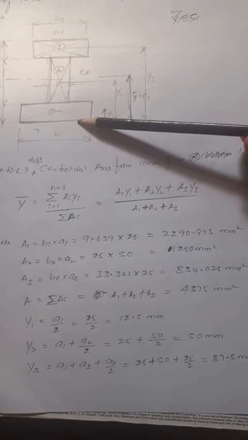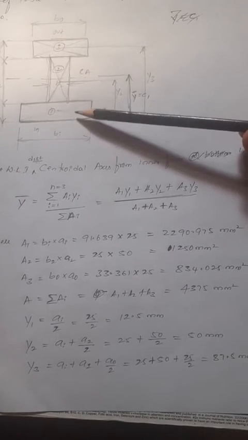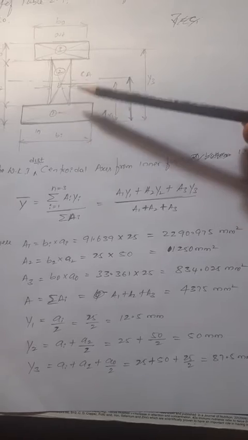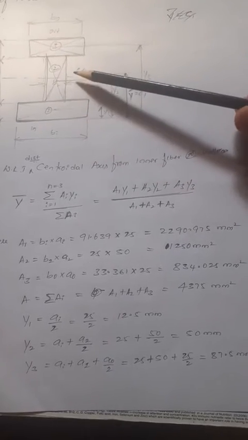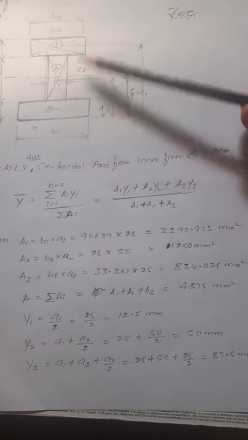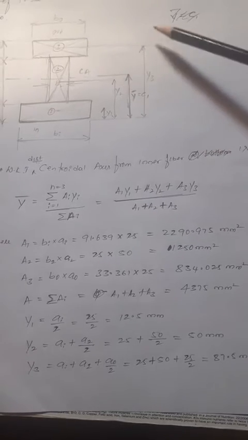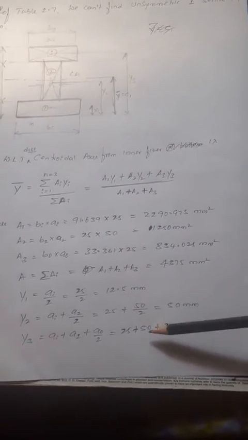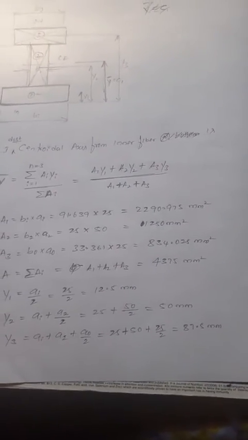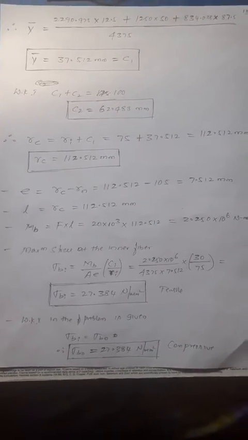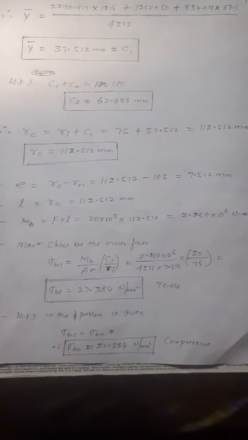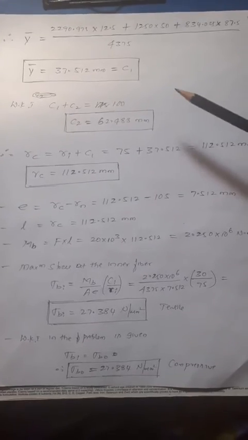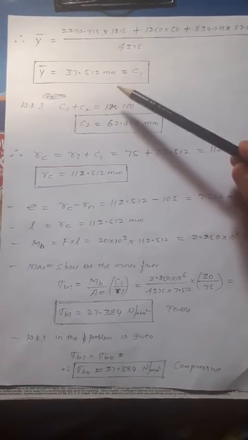So from the bottom line to the CG of the first block Y1, from the bottom line to the CG of the second block Y2, from the bottom line to the CG of the third block Y3, right? Once you have calculated the A's and Yi's, substitute into the equation.